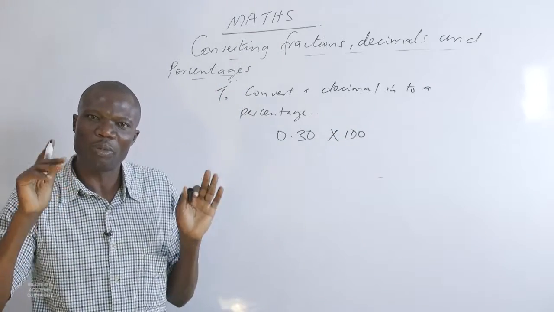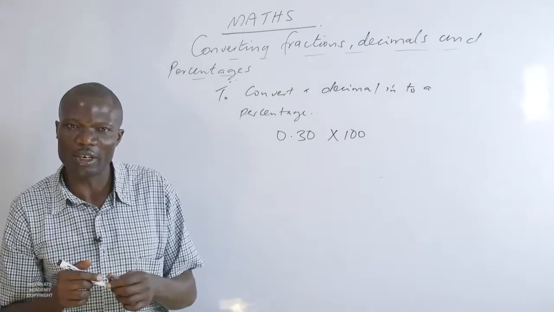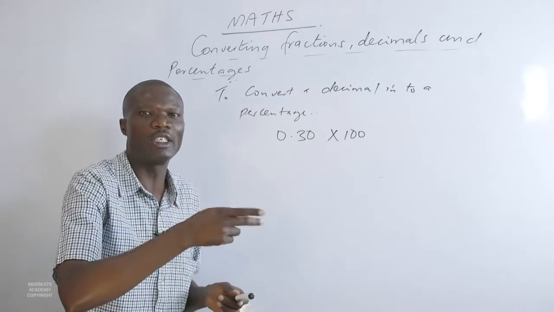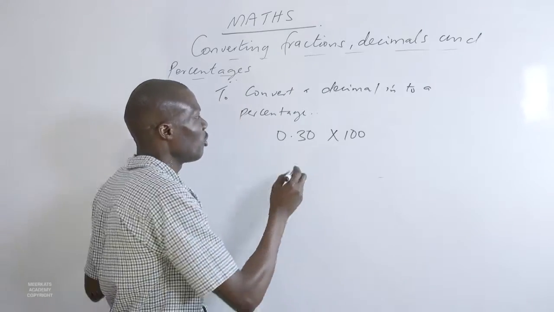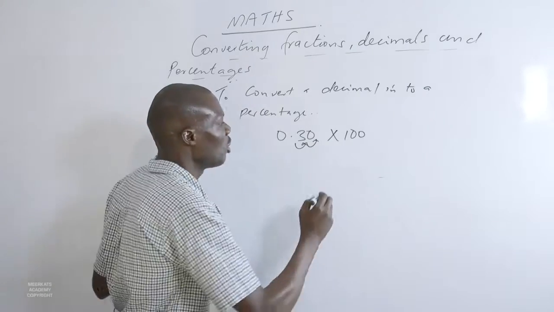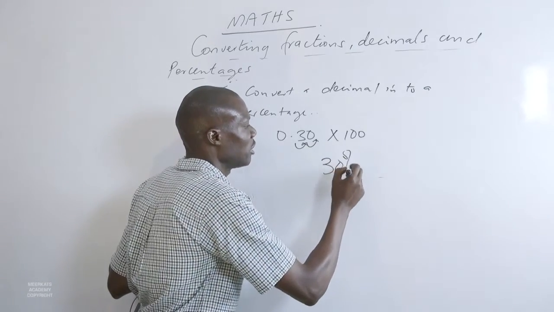When you multiply a decimal by 100, which has 2 zeros, the decimal point moves to the right 2 steps. So here we shall move 1 step, 2 steps, we have 30.0, which is simply 30%.